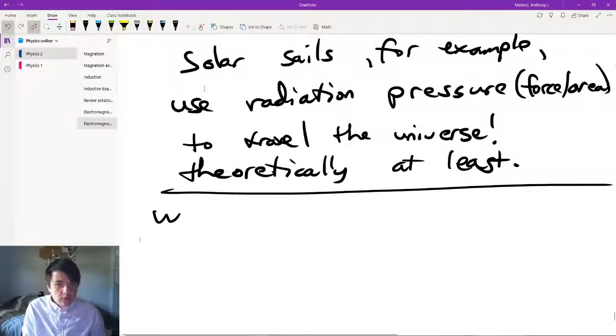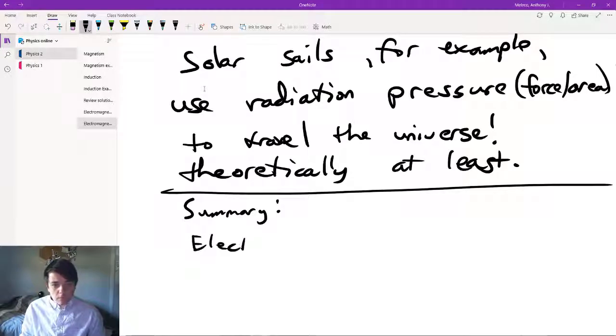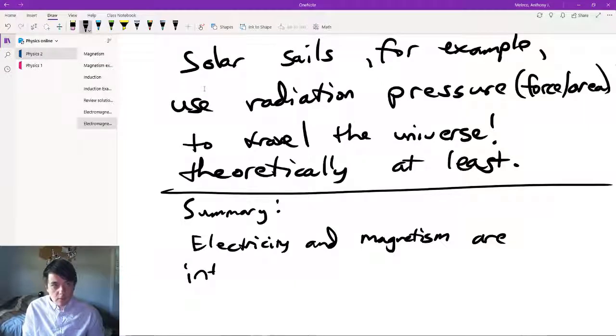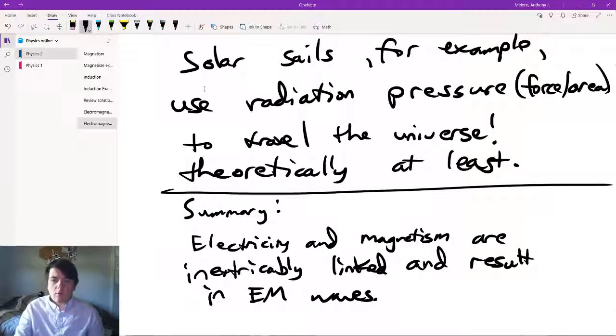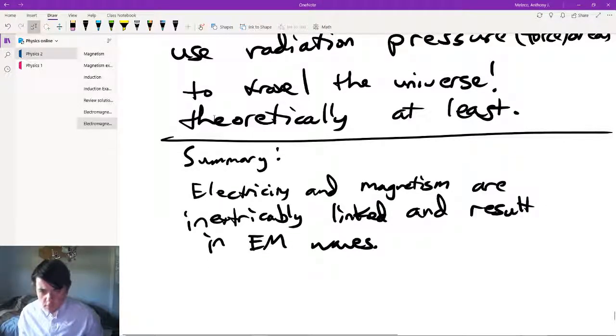So, summary. Electricity and magnetism are inextricably linked, and result in E&M waves. Okay.